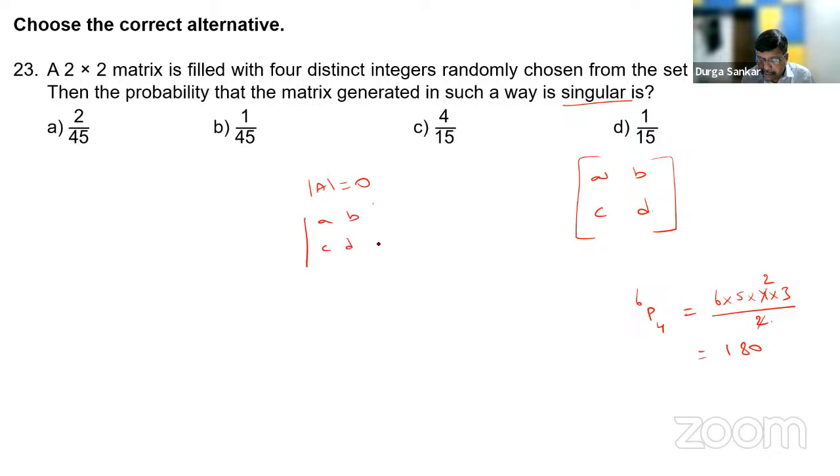A, B, C, D. So AD minus BC must be 0, or A into D is equal to B into C. So AD and BC. Let us see what are the different values possible. Now I can say 1 into 6, 2 into 3.